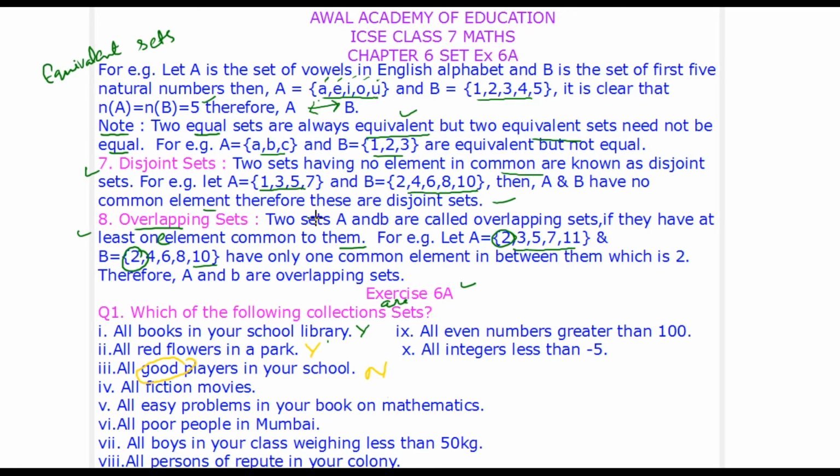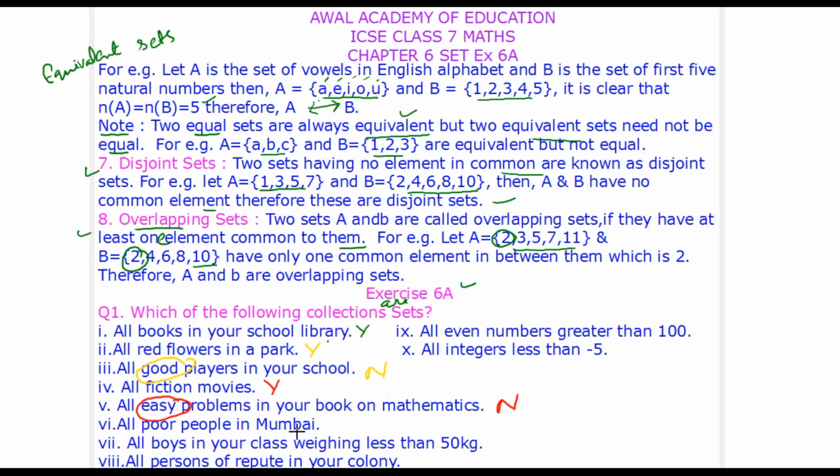Now all fiction movies, number 4. All fiction movies can be counted and it has no vague word in it, so it is a set. Yes. All easy problems in your book on mathematics: it has one vague word, "easy", so it is not a set.